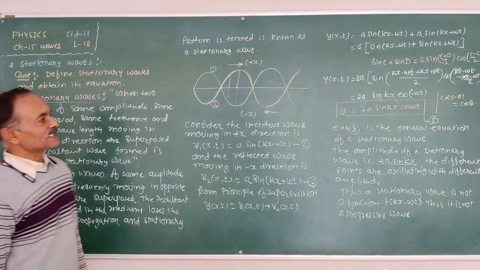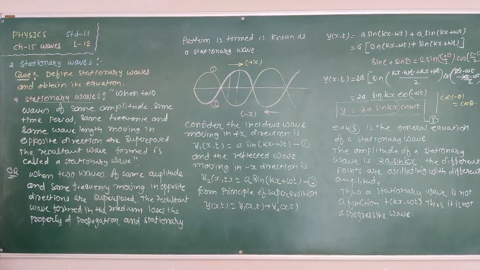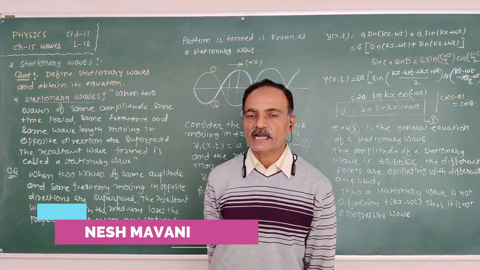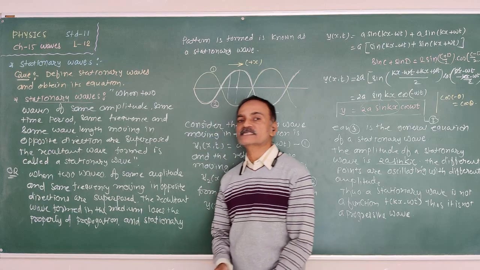So this is the equation of the stationary wave, very easy, only the mathematical terms and definition of the stationary wave. Again we repeat, what is the definition of the stationary wave?